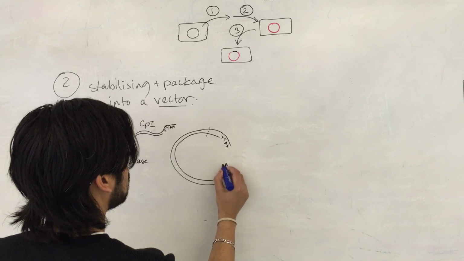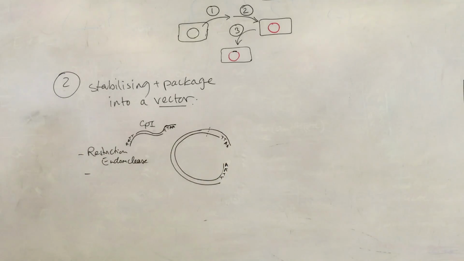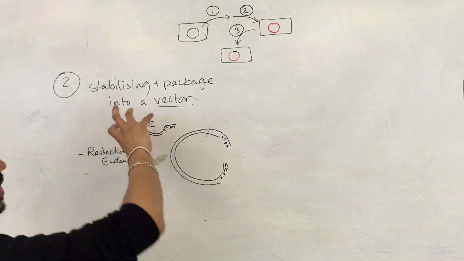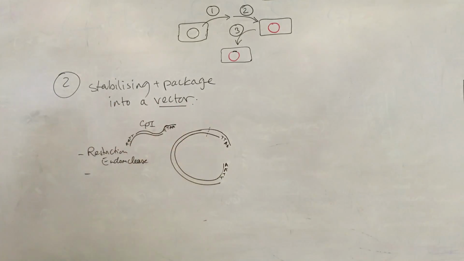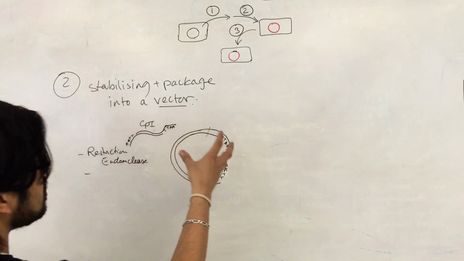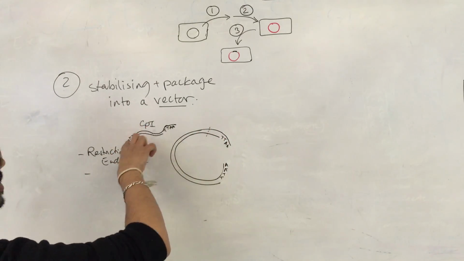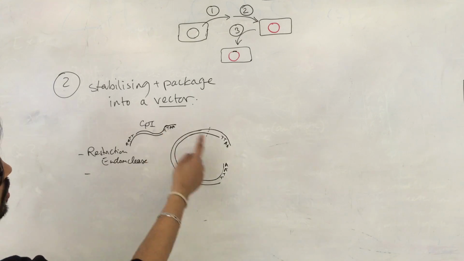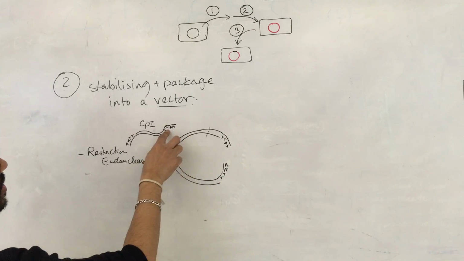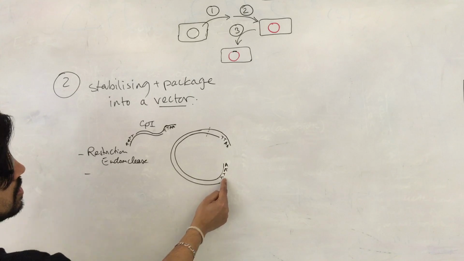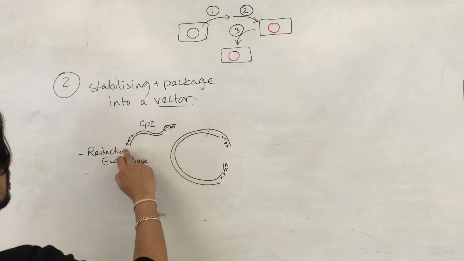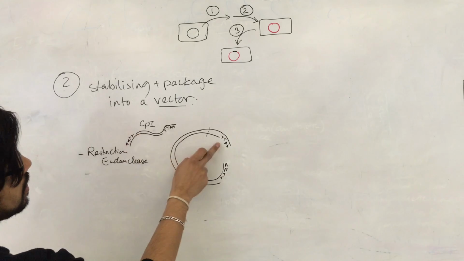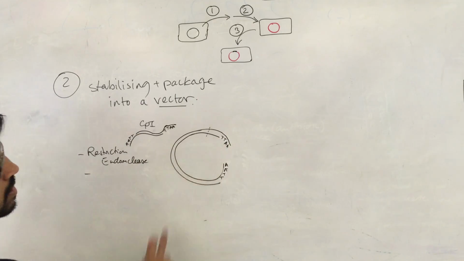TTAA here. Okay. Now, hope you can see that if we mix these two fragments now, what will happen is that this sticky end will anneal here, and this sticky end will anneal there. TTAA, AATT.